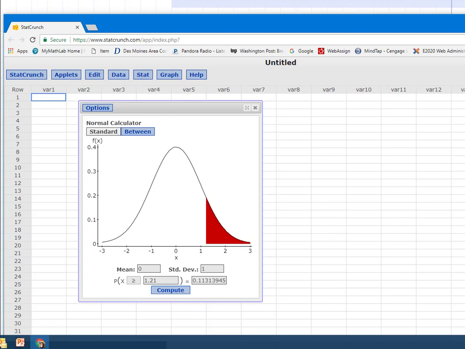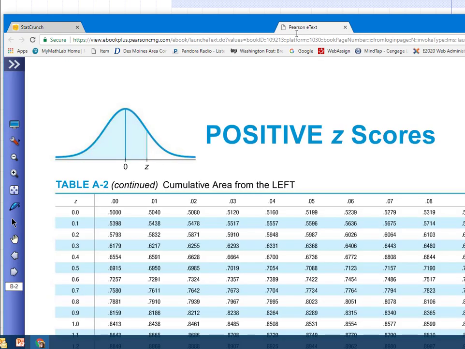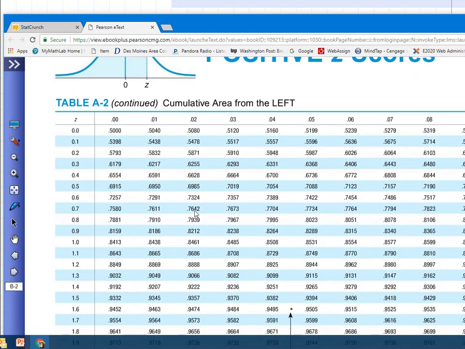We can also pull in our table, and we want the positive z-scores. So it was 1.21, so I'm going to find 1.21, but this is the area to the left.